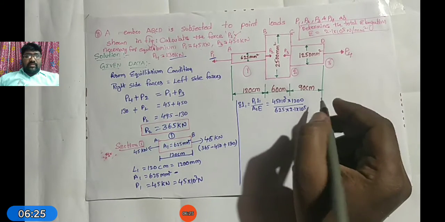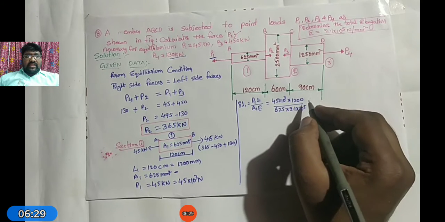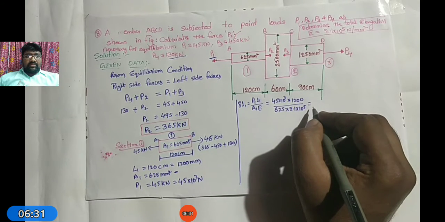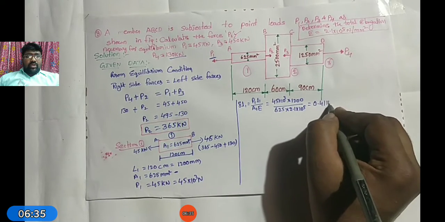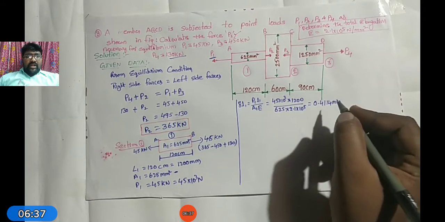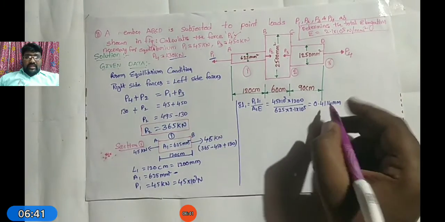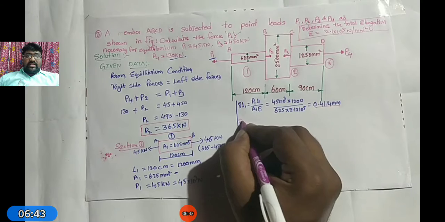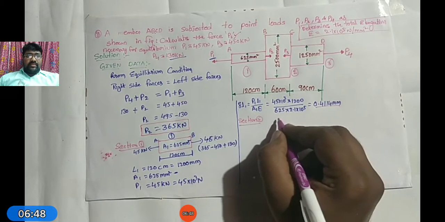By simplifying this equation we will get the change in length as 0.4114 millimeters. Next, similarly consider section 2, that is BC.